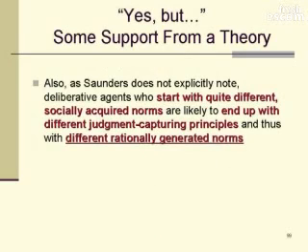Okay, but last thing to point out is, as Saunders does not point out, if you start with deliberative agents, so philosophers, if you want, who are going to engage in this kind of psychologized reflective equilibrium, and if they start with socially acquired norms, things that were in their norm box, as we call it, long before they got into the philosophy class or came upon this method on their own, they start with different socially acquired norms, they're likely to end up with different judgment capturing principles, and therefore with different rationally generated norms.